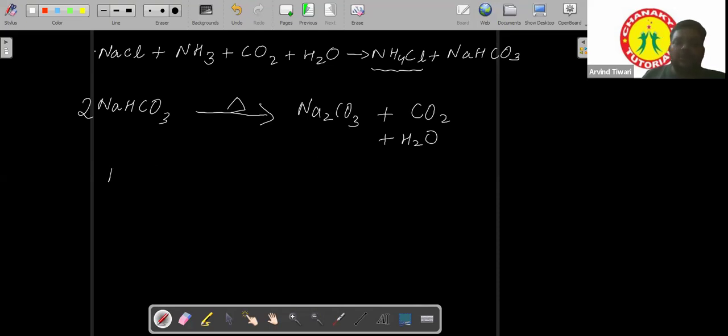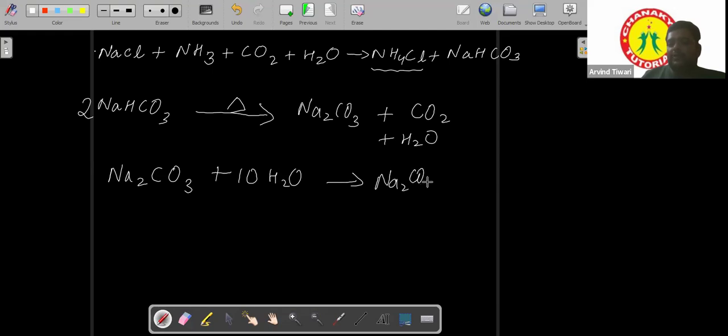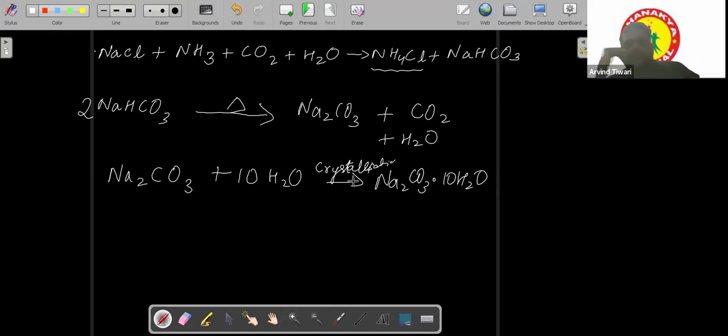Now this sodium carbonate, Na2CO3, can undergo a crystallization process with 10 molecules of water to form Na2CO3 dot 10H2O, which is crystals. Using the crystallization process, you obtain Na2CO3 dot 10H2O.